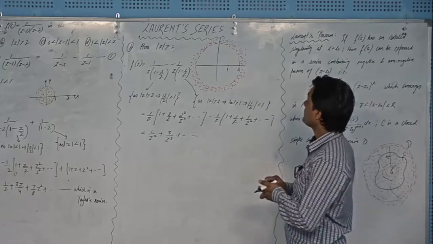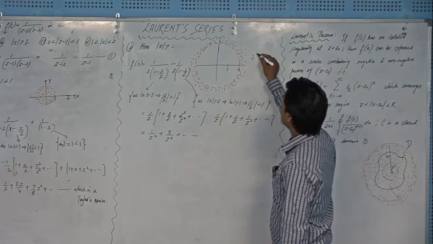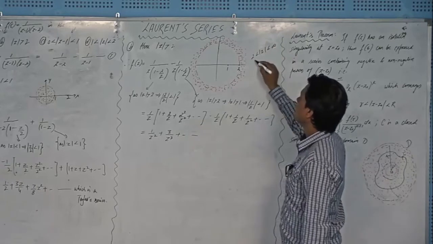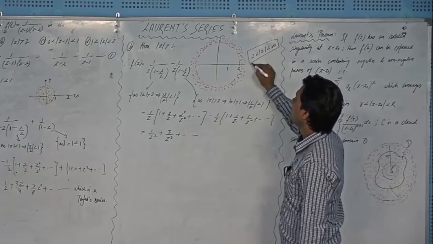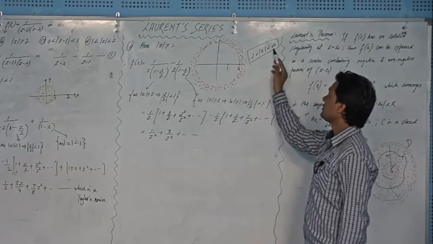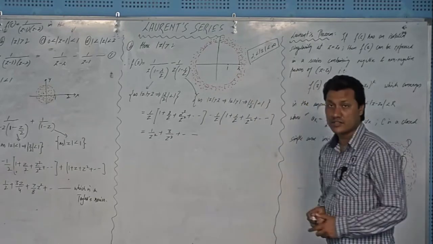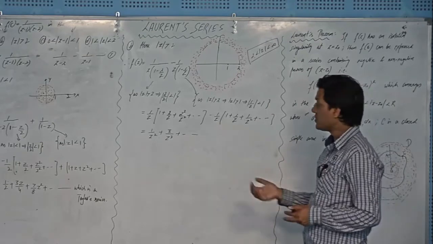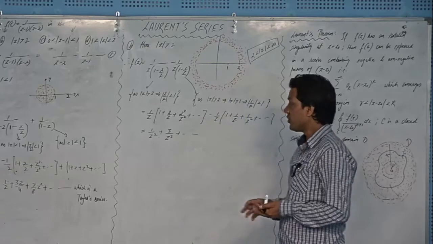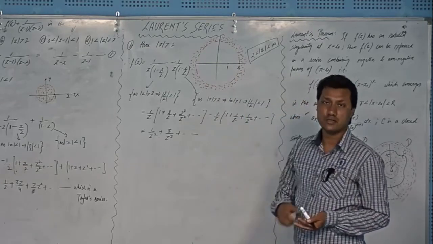So it can be written this way also: 2 less than mod z less than infinity. This is another representation of this annular region, where small r is 2 and capital R is infinity. That's why we have got negative powers of z. For any annular region, you will always get some negative powers of z.